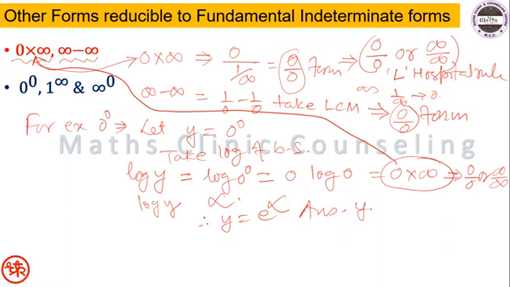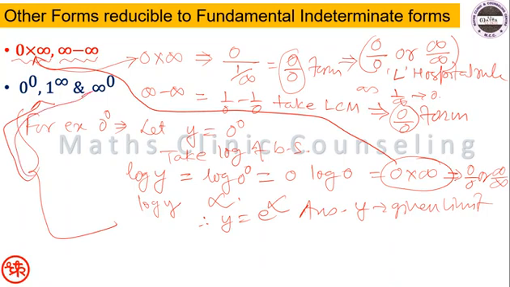What is y? y is the given limit. Is that clear? Did you understand? The same method is applicable for 1 to the power infinity, and for infinity to the power 0, the log method. Did you understand the procedure?